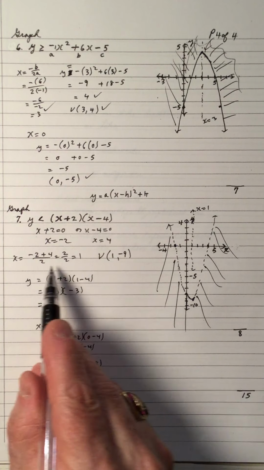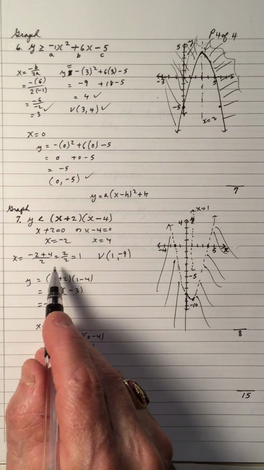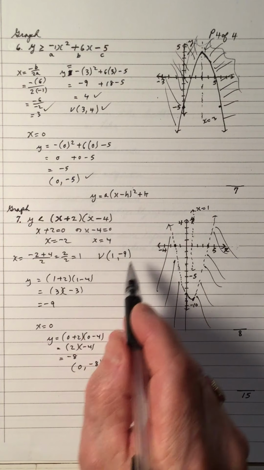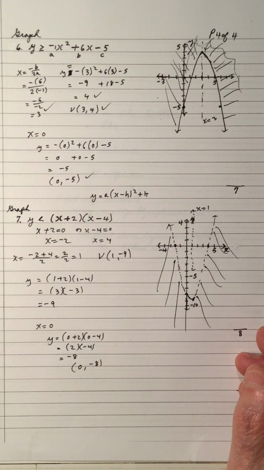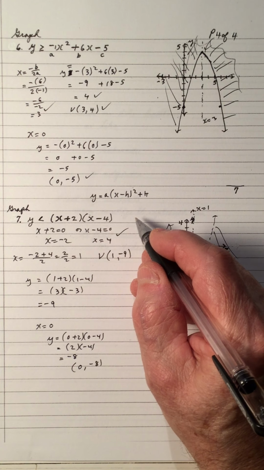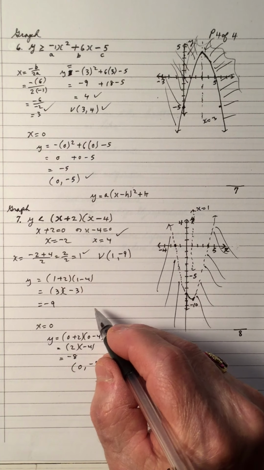So sorry about that little mix up here. I just lost it for a second, where I found the x coordinate of the vertex to be 1. When I plugged 1 in, I got the y coordinate. Then I found the y-intercept after. And 8 marks: if you got the intercepts right, you got a mark. If you got the vertex x coordinate, you got a mark.